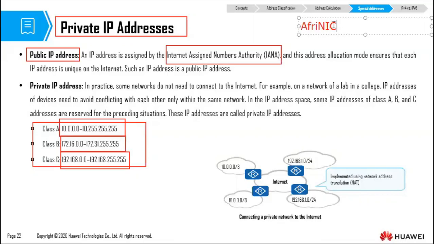AFRINIC gets these resources from IANA in blocks, then assigns these addresses to country-level NICs. The country then assigns them to ISPs in blocks. That's why using an IP address, we can know your location.